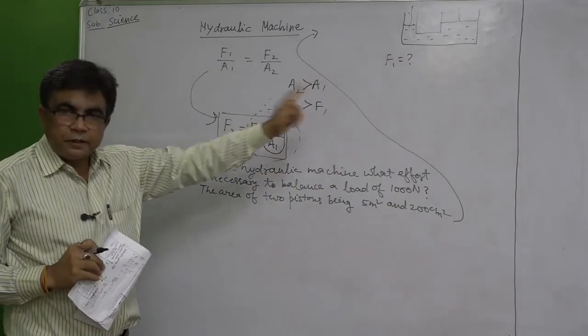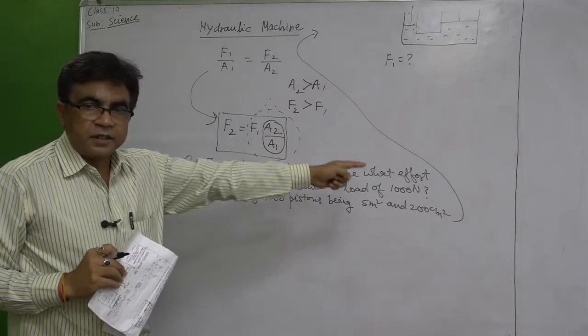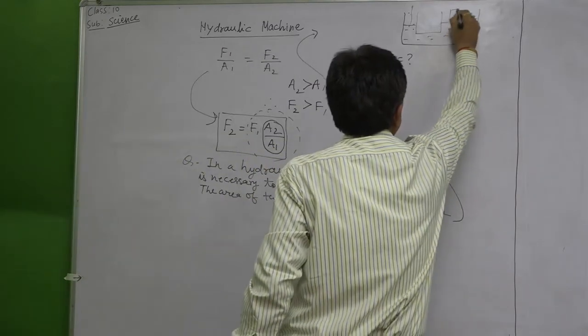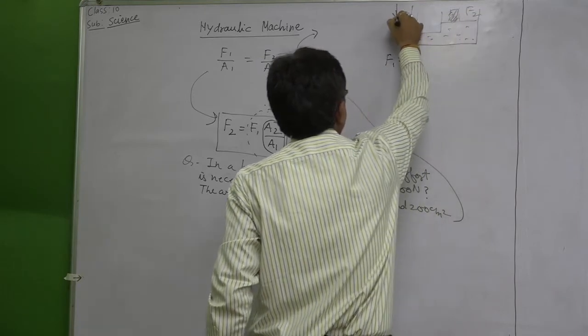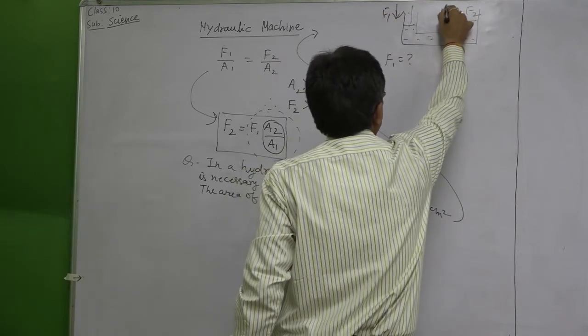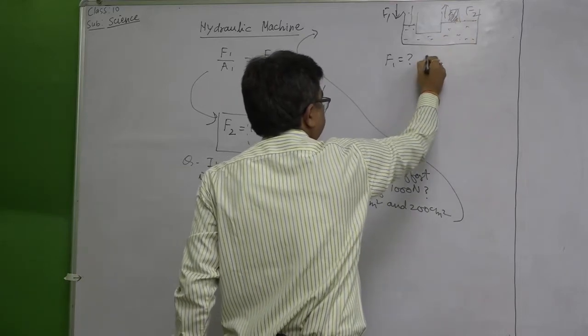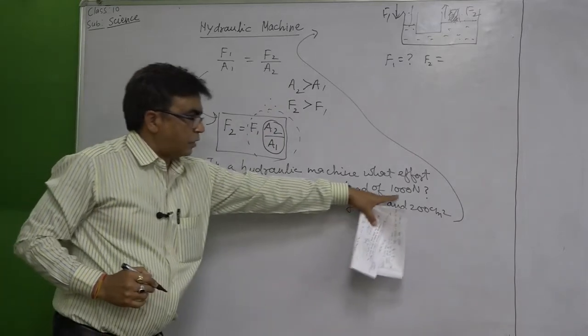Effort is always applied on the smaller piston. The force we apply here is your effort, that is F1. F1 is asked, to balance a load of 1000 Newton. Load is always here, so that is F2. Effort is applied here, F1, and load is overcome here, F2. So F2 is given as 1000 Newton.